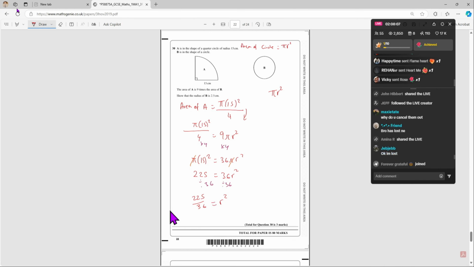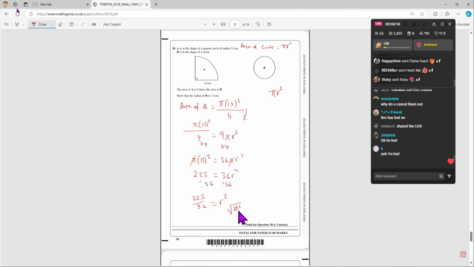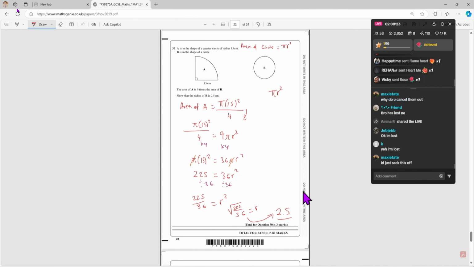Then to work out the radius, you do the square root of 225 over 36, which is equal to r. Put this into your calculator and you get 2.5, meaning that the radius of B is 2.5, guys.